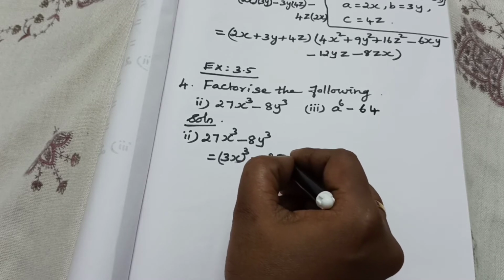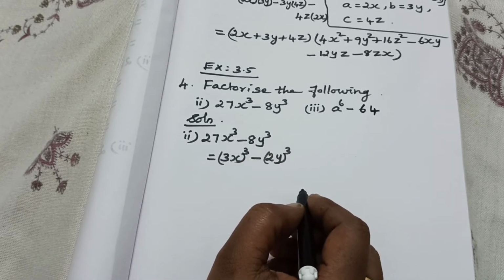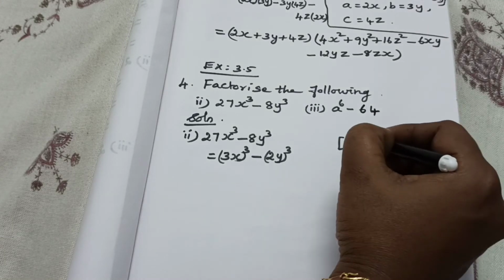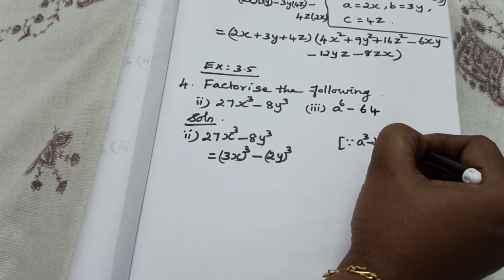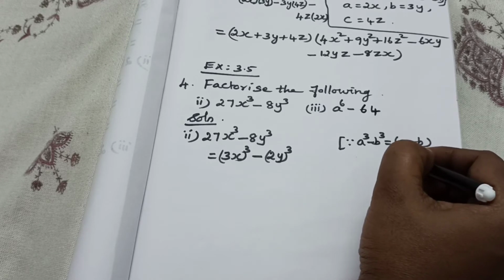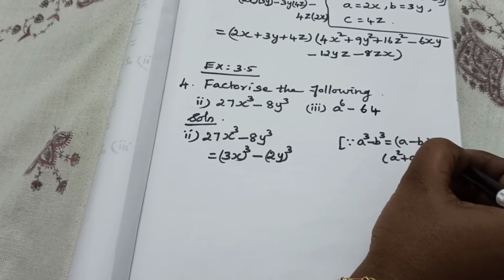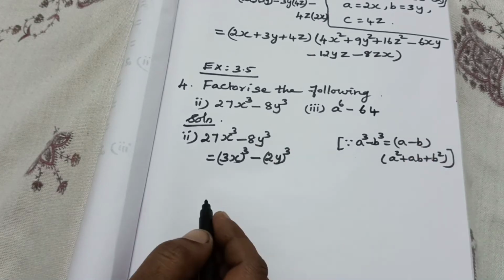So 2y the whole cube. Since, which formula can we use here? a cube minus b cube is equal to a minus b into a square plus ab plus b square. Then we have to use this formula.